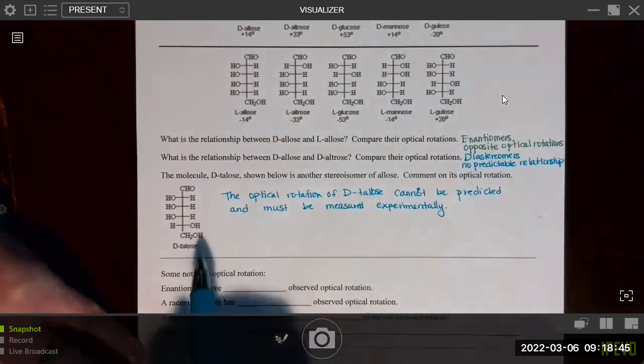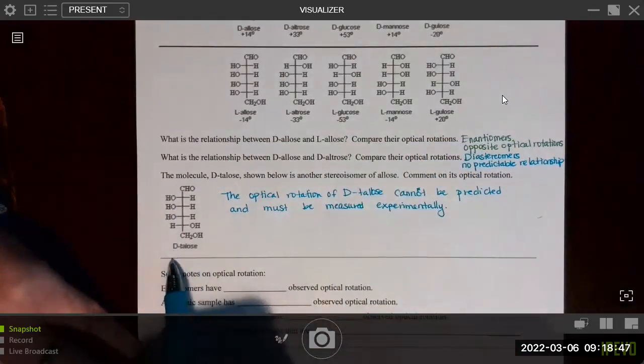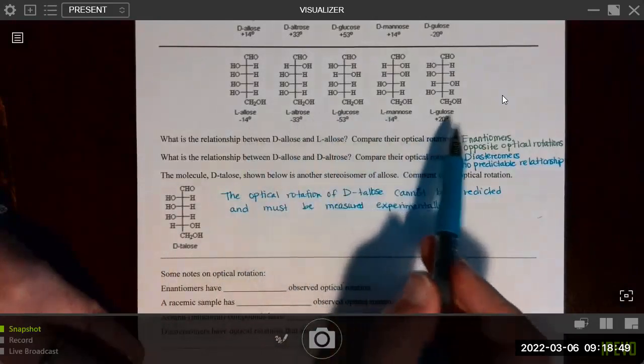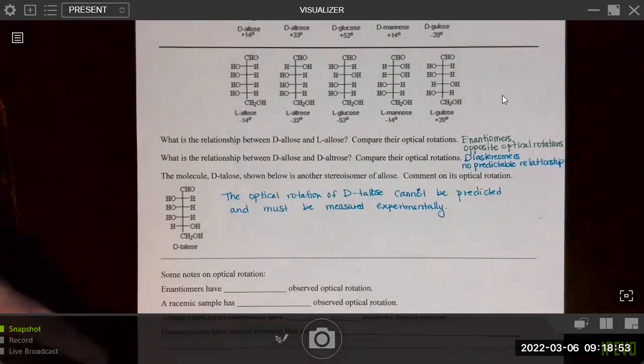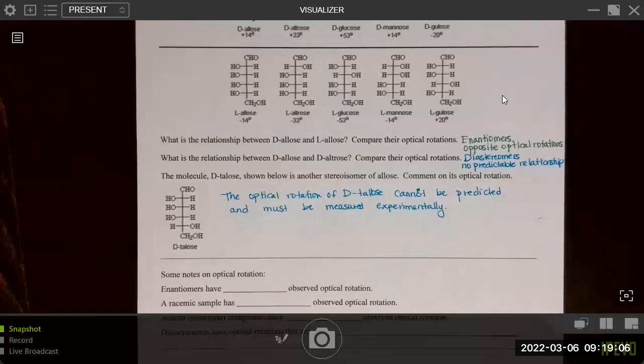I could predict it if I knew what L-maltose was, but that's not one of these options, so I don't have any idea what it is. Because remember, there is no correlation between the stereochemistry in a compound and its direction or magnitude in terms of its optical activity.